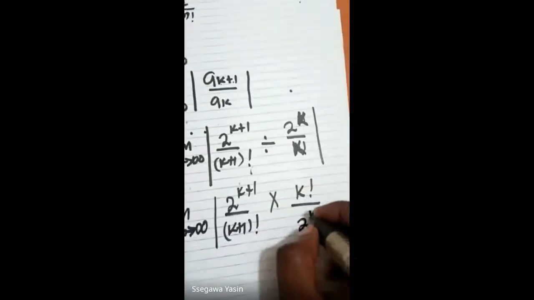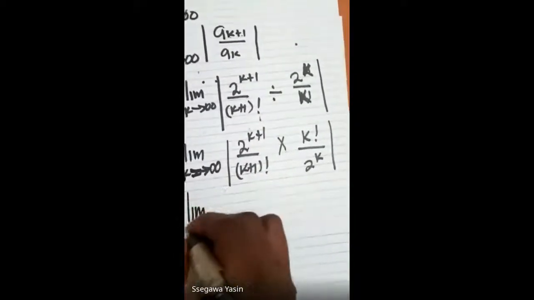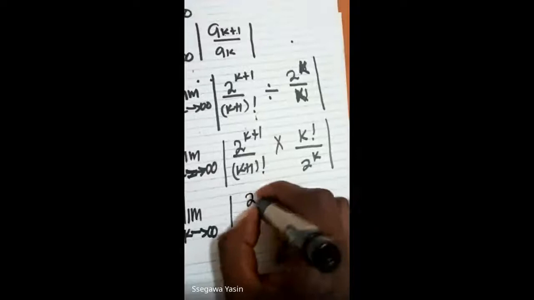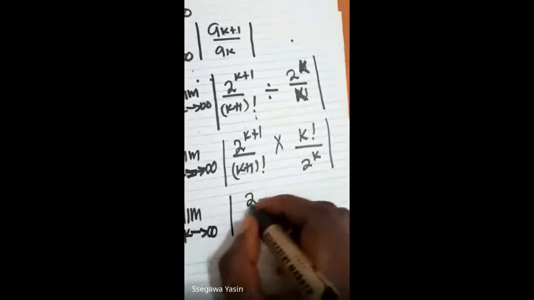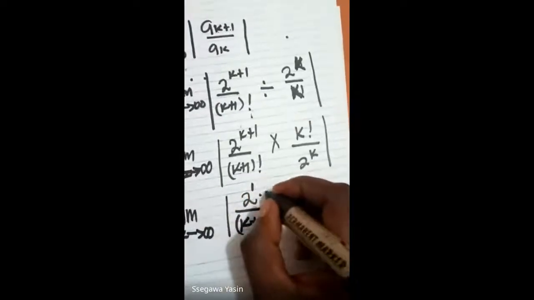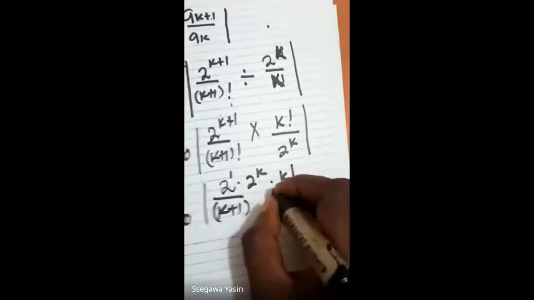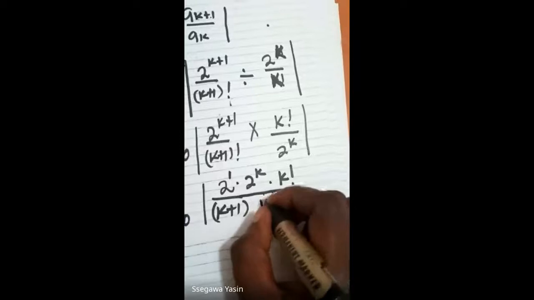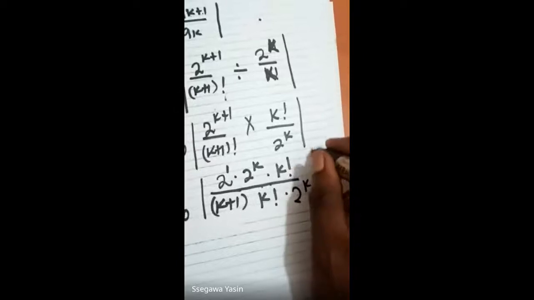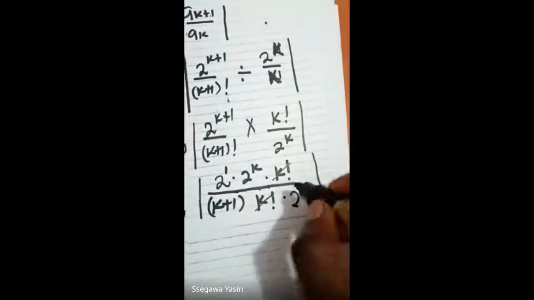You can simplify this. You cross this and this, we get a 2 there. This and this, we get k plus 1. Okay, let me do it. I know people fear numbers here. Please, this is something easy. I know it is new to you, and you are not used to dealing with these factorial things, but I'm assuring you, it is easy.